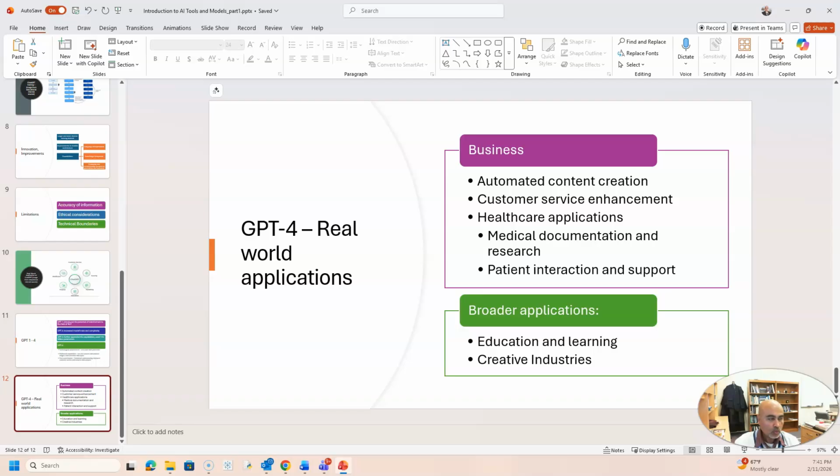So when we are talking about its application in businesses, we look into some of the newer features and capabilities.